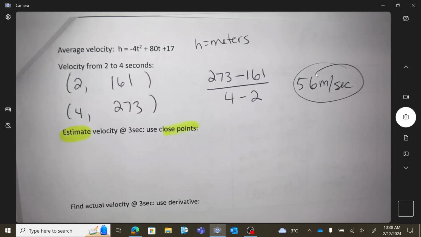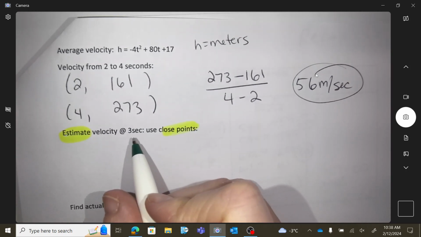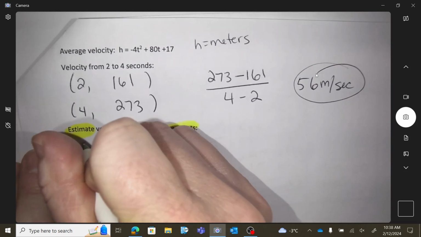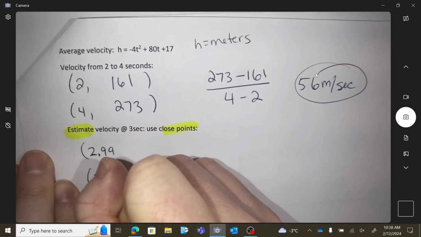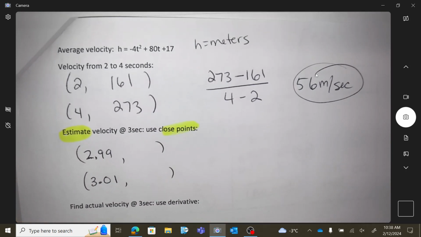That's what the word estimate means, use close points. So if you want to be close to 3, I'm going to use 2.99 and I'm going to use 3.01. That's what I'm going to do, because this is an estimate.